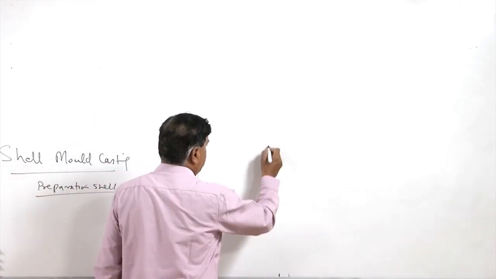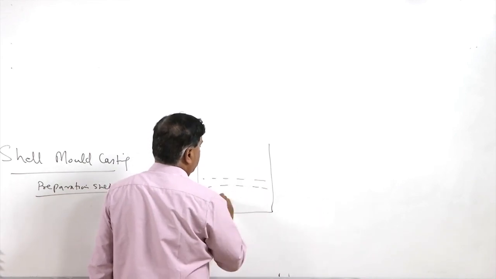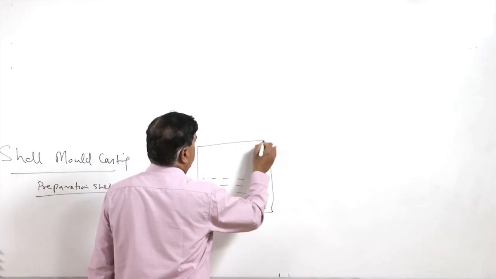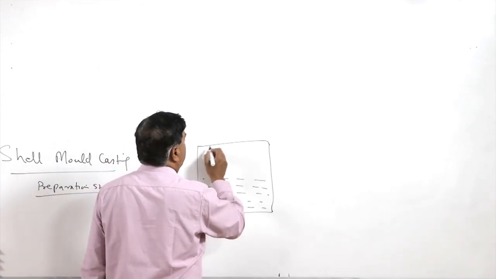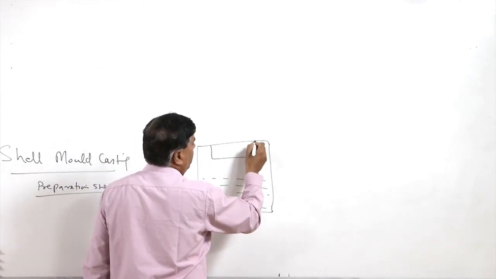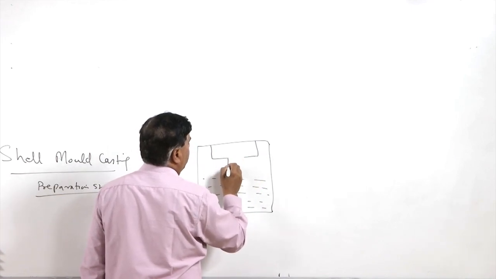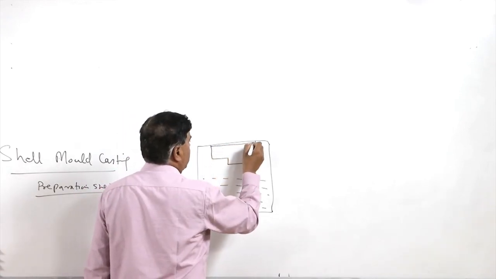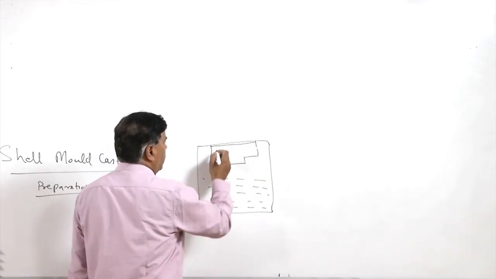Say this is the chamber where this mixture has been kept, and in this one the pattern of a particular shape whose shell is to be prepared, this is attached with this cover, which can be opened and closed.